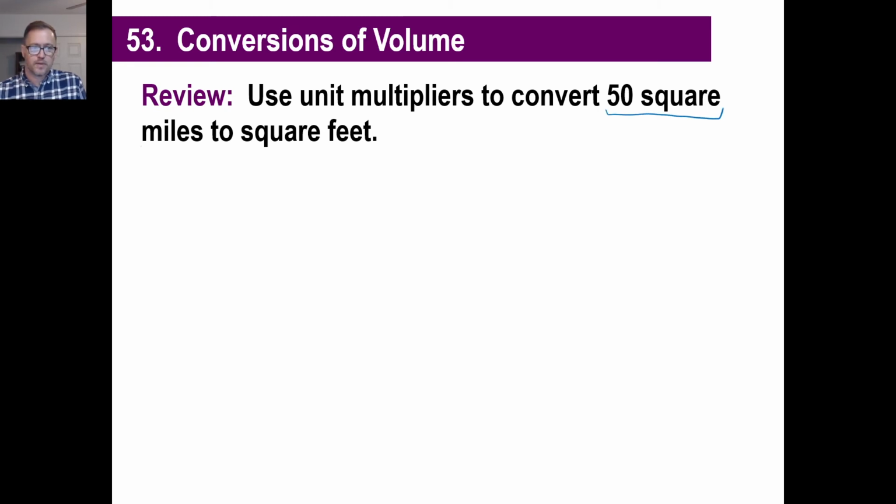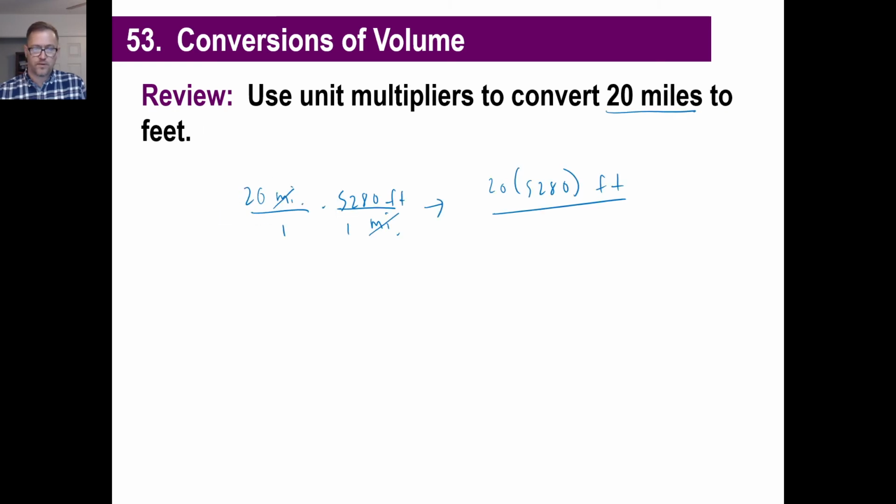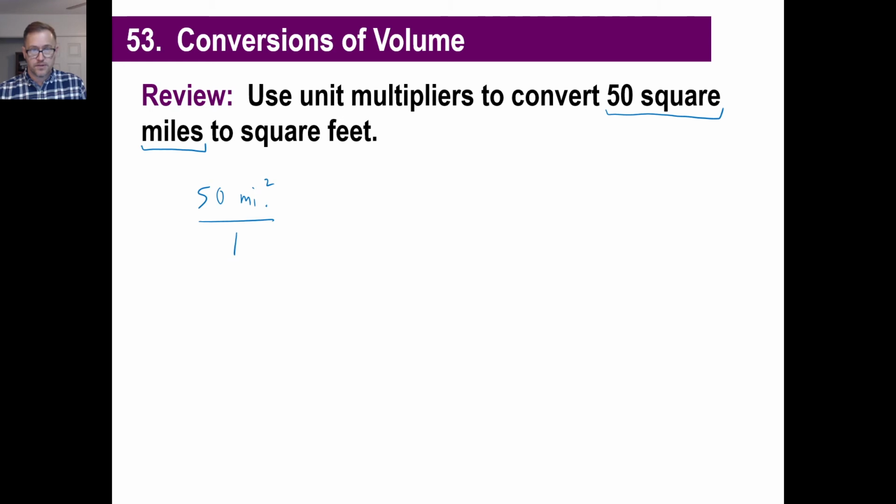Okay, 50 square miles, you can just write 50 square miles, and there it is, okay? Now, remember the last one, you just had 1 fraction to undo your flat out miles. This is going to be square miles, so you need 2 fractions, each one with miles, like that, okay? Which, in other words, undoes those 2.